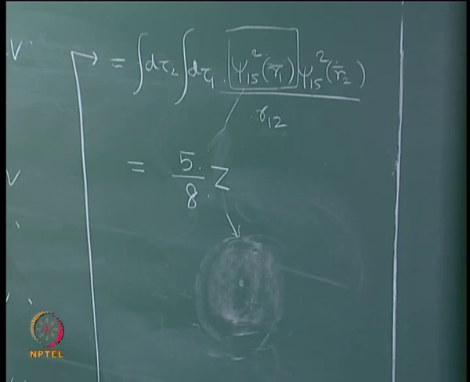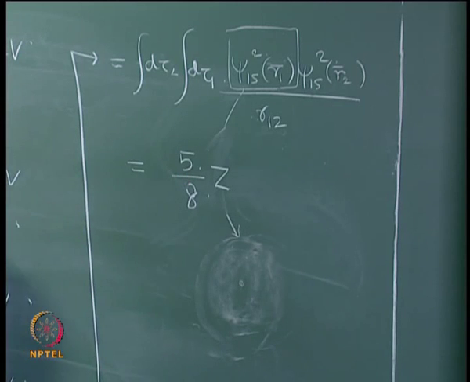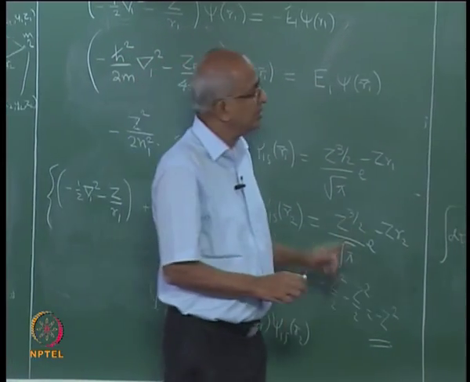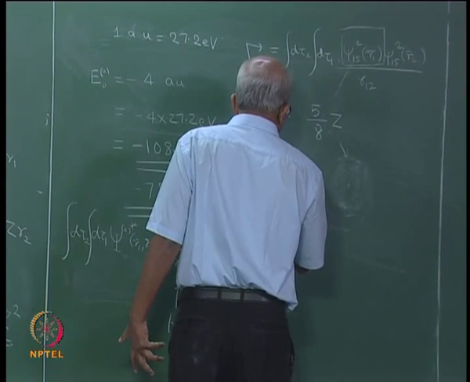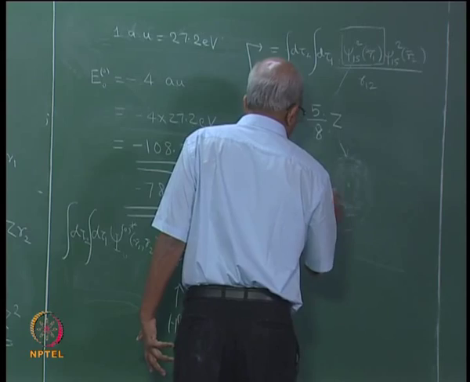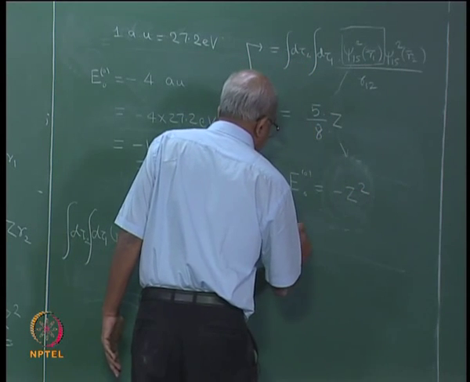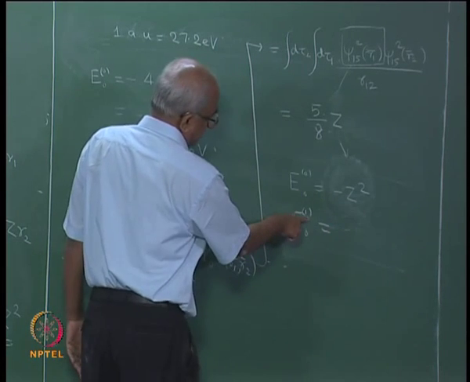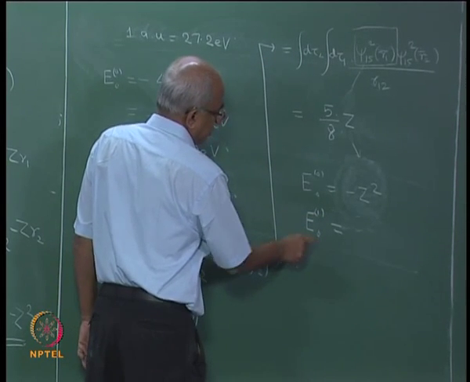So if you added this correction to the energy, what was our original energy? The original energy was minus Z square for a general value of Z. So what is going to happen is that I will have E 0 0 equal to minus Z square, and I have now calculated the correction E 1 to the lowest possible state. This means this is the first order correction, and I am interested in the ground state.